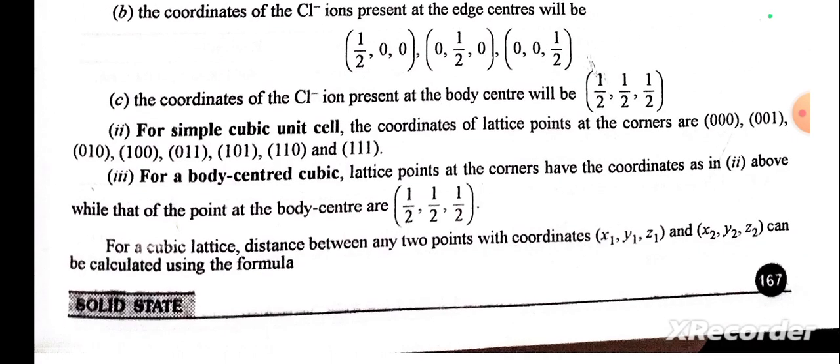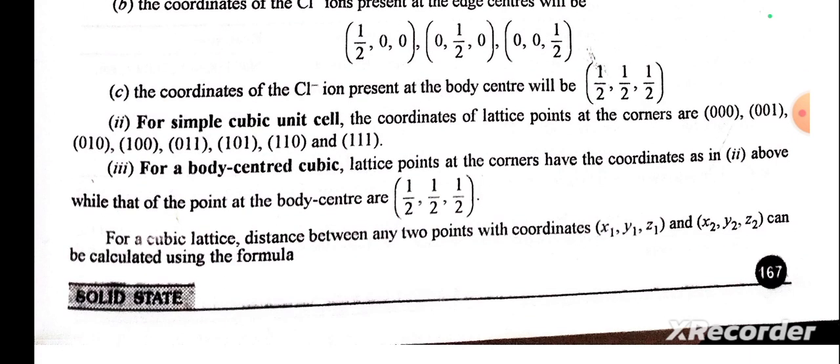For the simple cubic unit cell, the corresponding lattice point at a corner is 000, 100 and 111. For the body-centered cubic lattice, the points at a corner have coordinates 000 and above, while that of the point at the body center is 1/2 1/2 1/2.